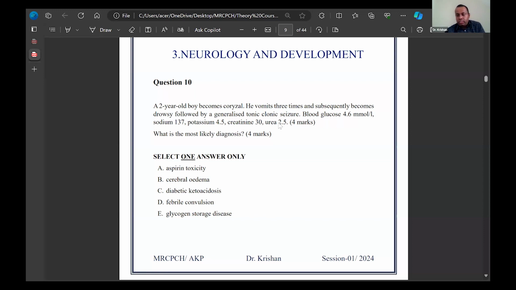Now, if it was aspirin toxicity, which is unlikely because nowadays we don't give aspirin to children with fever in the UK unless there is a clear indication such as Kawasaki, right? For all febrile illnesses with coryza, we don't give aspirin.